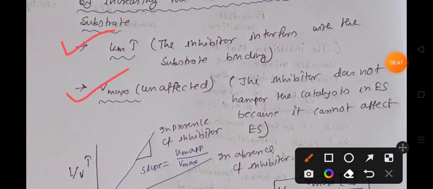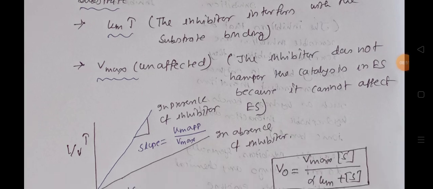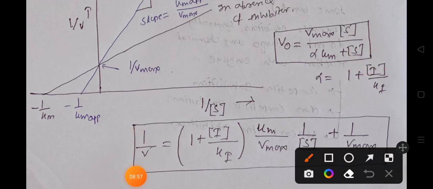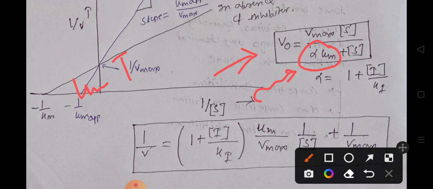Okay, now the second thing we have to learn from competitive inhibition is the Lineweaver-Burk plot. The Michaelis-Menten equation for competitive inhibition will be V0 is equal to Vmax times S over alpha Km plus substrate concentration, right? You can remember it with the help of what I have told you, that Km will increase, so something will multiply with the Km, and this something is alpha.